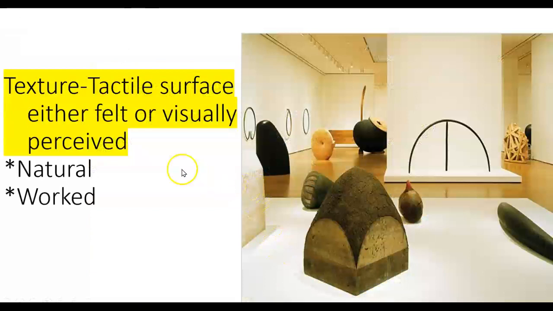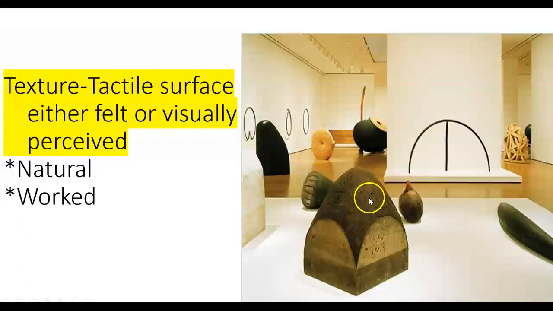Okay, the next term is texture. It's the next element: the tactile surface, either felt or visually perceived. In this case, these are worked pieces of a tree. The natural texture is just right there.